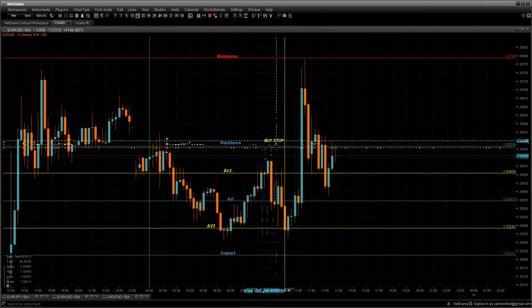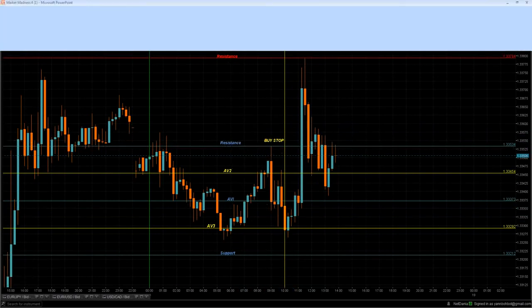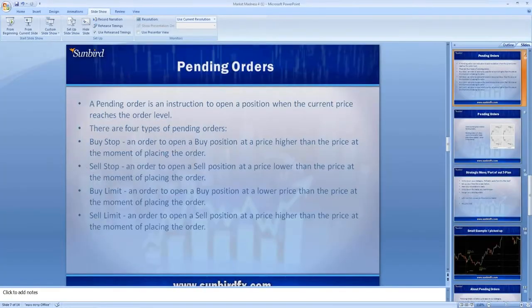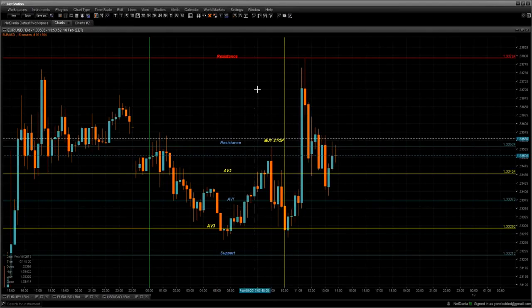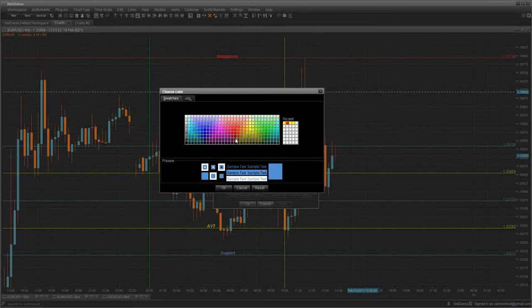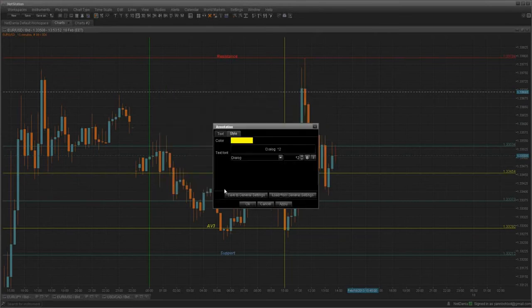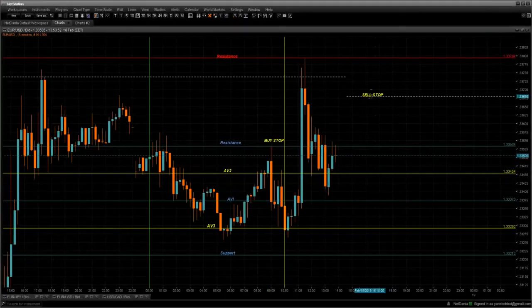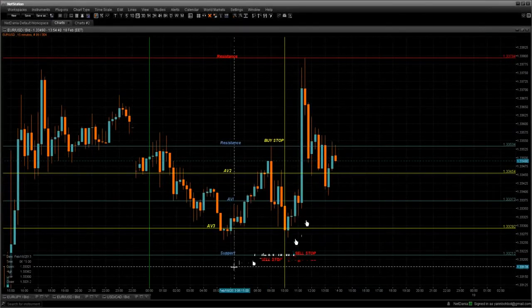Okay, now a sell stop, let's review again, is an order to sell a position at a price lower than the price at the moment of placing the order. Okay, sell stop, let's put another annotation here. Sell stop would be here.